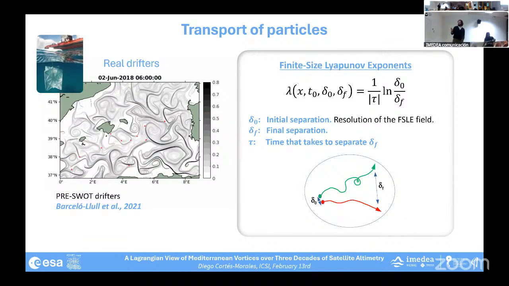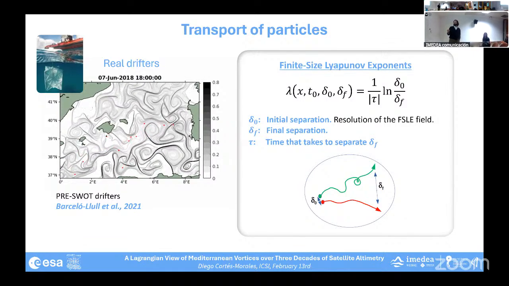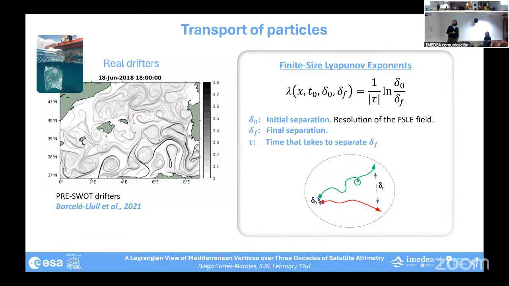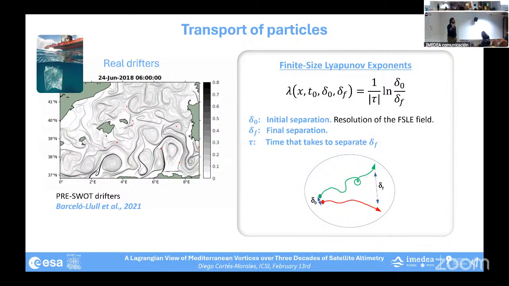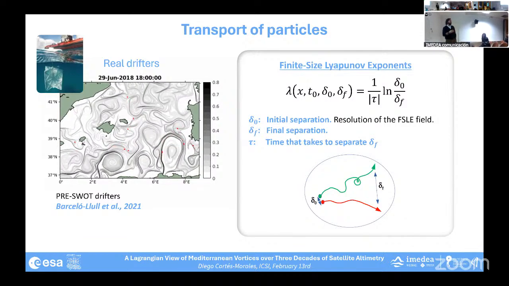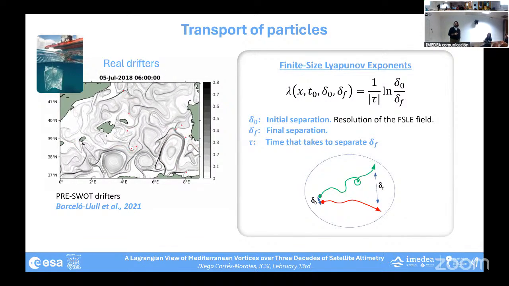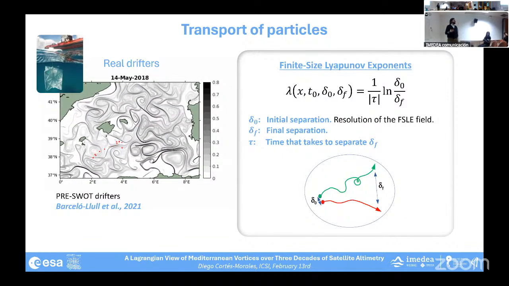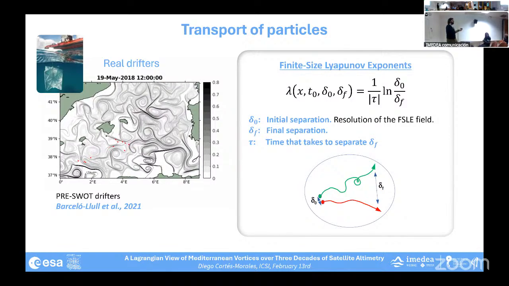Of course, we have a limitation on the processes that we can resolve with this spatial resolution, and with these types of data we cannot access them.